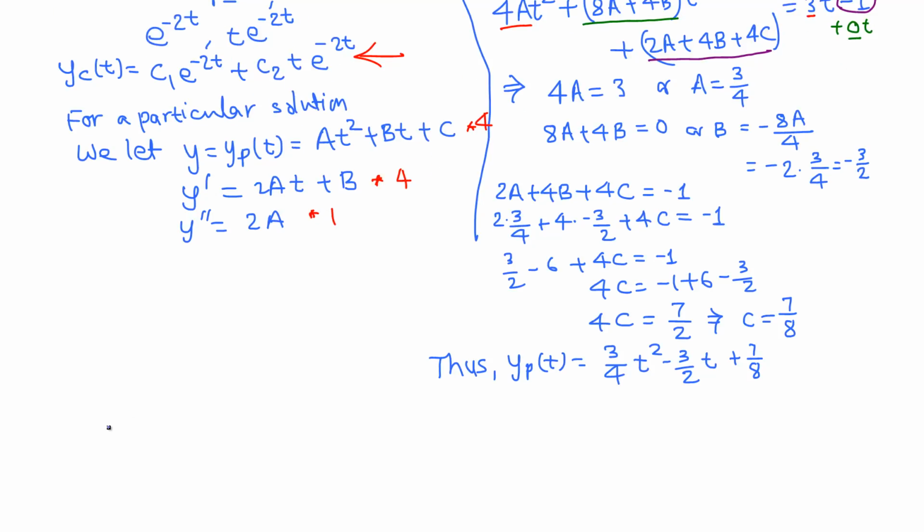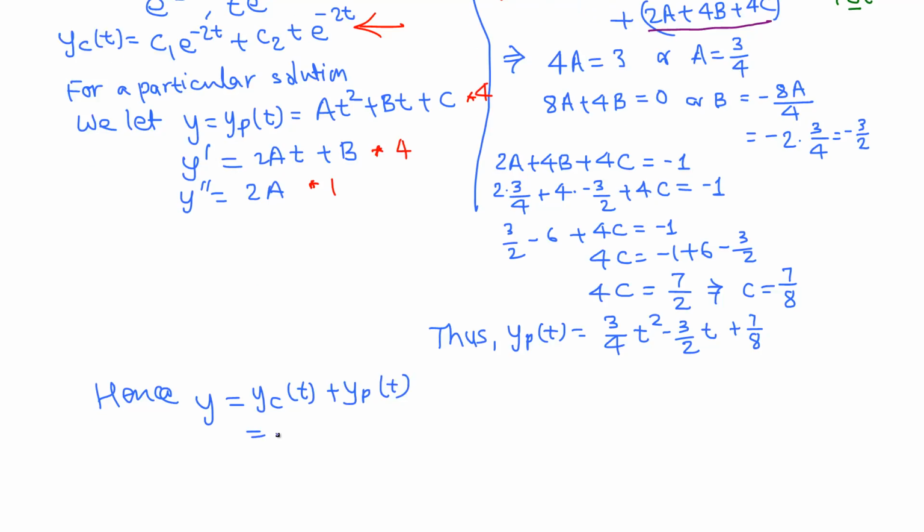Hence the general solution y is yc plus yp, where yc is found earlier, c1 e to the negative 2t plus c2 t times e raised to negative 2t, plus yp we found here, 3/4 t squared minus 3/2 t plus 7/8. Final.